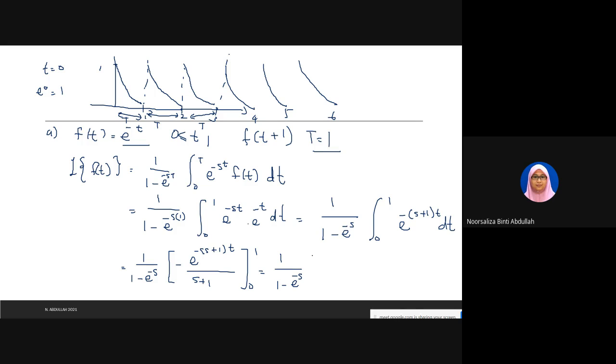Now we have minus exponent minus (s plus 1) over s plus 1, and then minus, minus jadi plus, exponent. Kita gantikan t dengan kosong. This will be exponent 0 over s plus 1. So exponent 0 is 1.